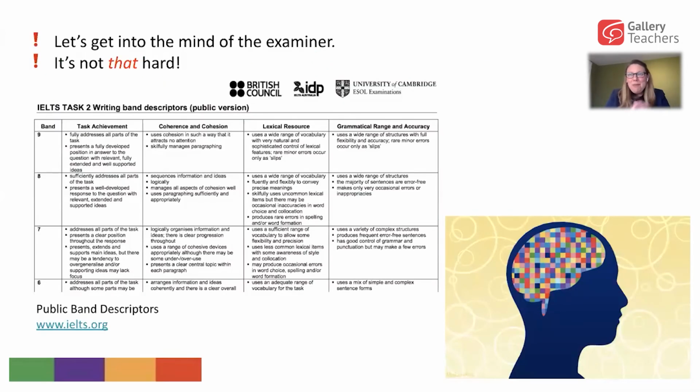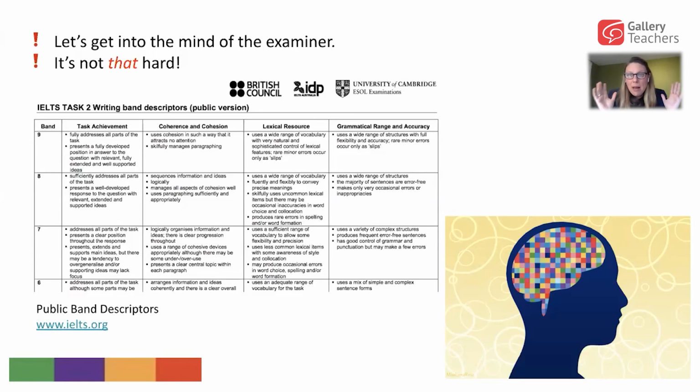So finally, just before we start to wrap up our masterclass, again, the time seems to fly by. We are going to do the same thing that we have done on the last two masterclass webinars. We are going to try to get into the mind of the examiner, okay? And I'm going to tell you, it really is not that hard, because IELTS has given us this wonderful gift, which are the public band descriptors, okay?